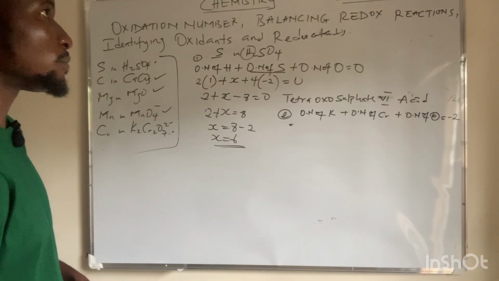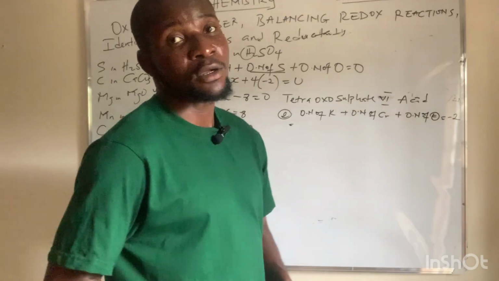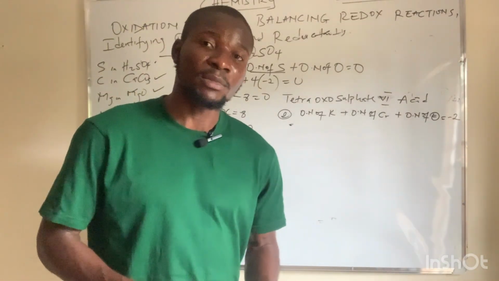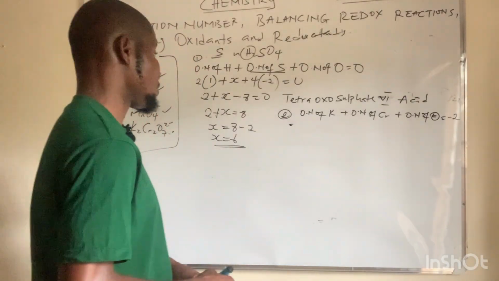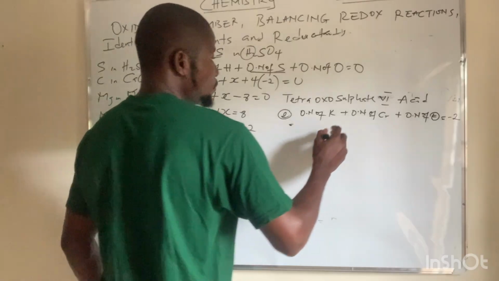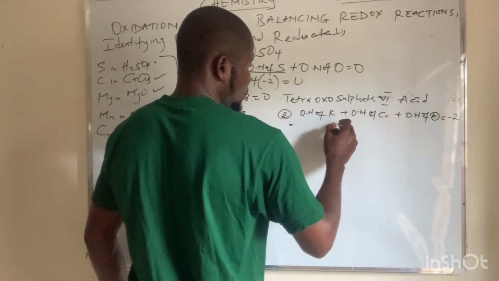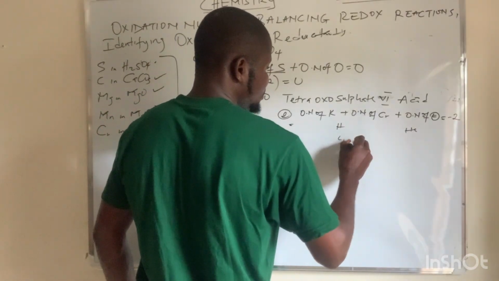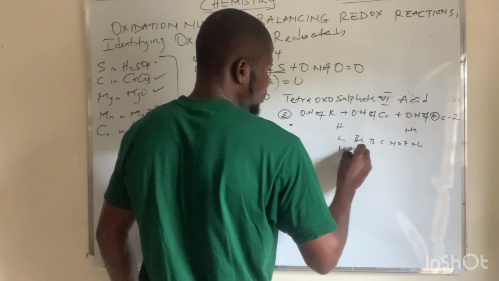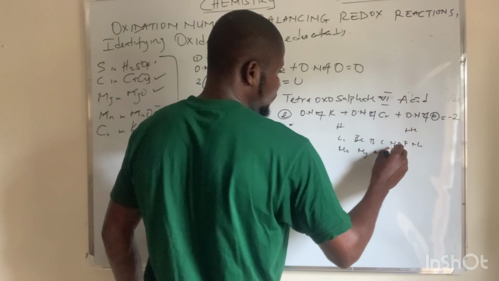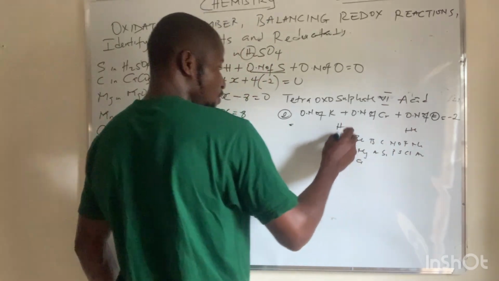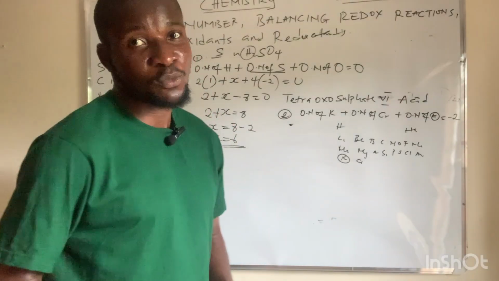Let me check it. It's very easy to do. Hydrogen, helium, lithium, beryllium, boron, carbon, nitrogen, oxygen, fluorine, sodium, magnesium, aluminum, silicon, phosphorus, sulfur, chlorine, argon, potassium, calcium. Like I said, potassium is group 1 element.